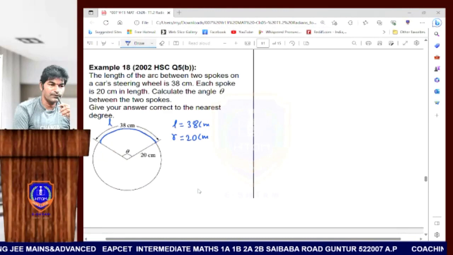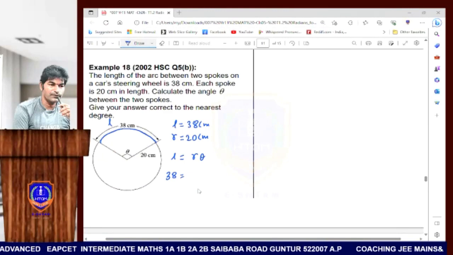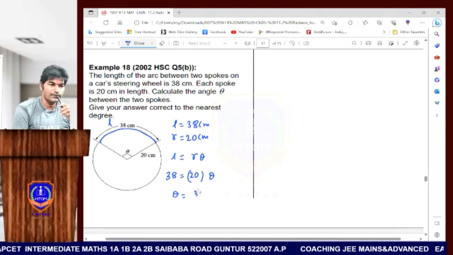Now we want L equal to R theta, the known formula. Substitute the respective values: L is replaced with 38 and R is replaced by 20. And theta, we want to calculate. So theta equal to 38 by 20, if you move this 20 to that side. So how much is it?